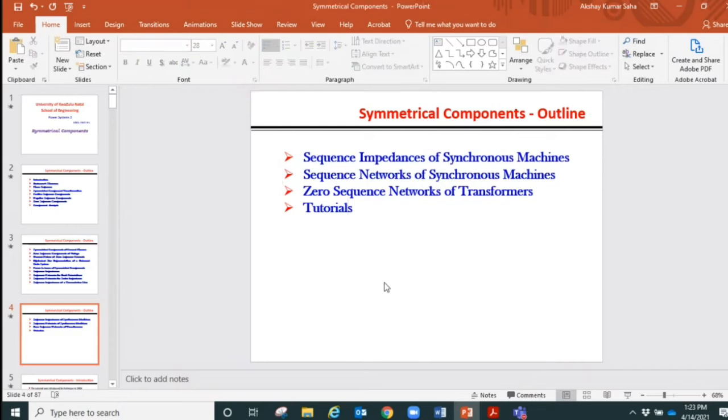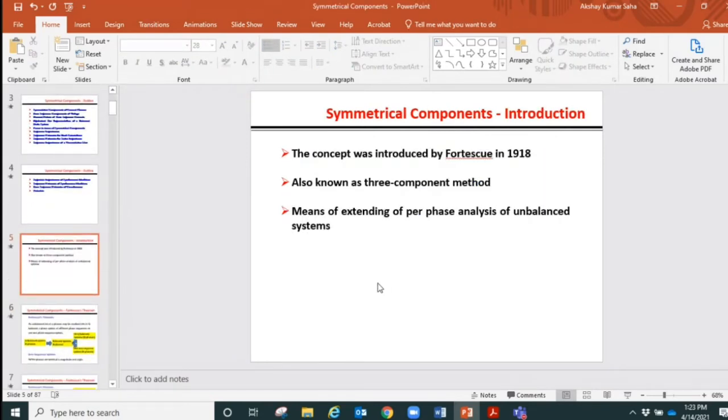And we'll do a lot of tutorials in this chapter. Just to tell you that this chapter has a lot of equations, so you will have to know those equations. We cannot just skip them because we don't like mathematics, but these are fundamental. We have to learn this, otherwise we will not be able to analyze them, because it's the analysis part. So to analyze them, mathematics needs to be understood clearly, right?